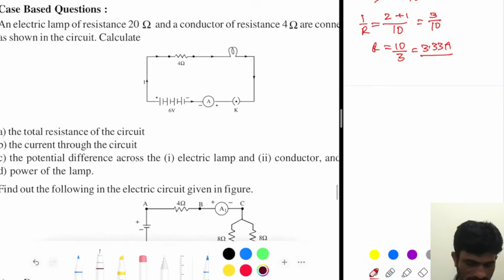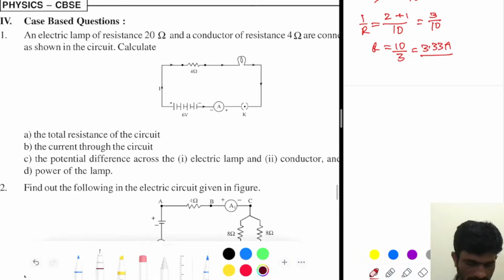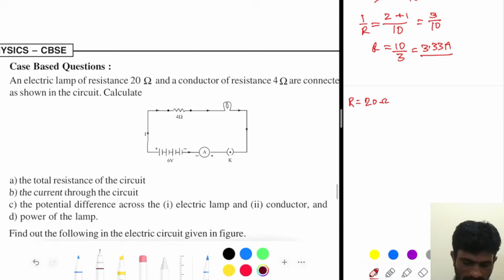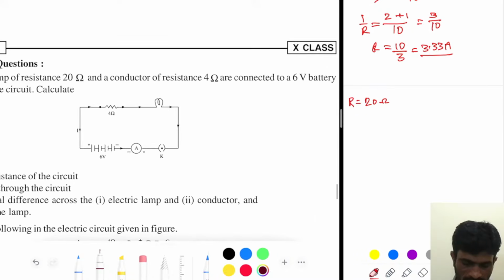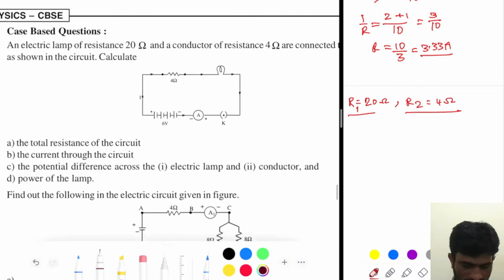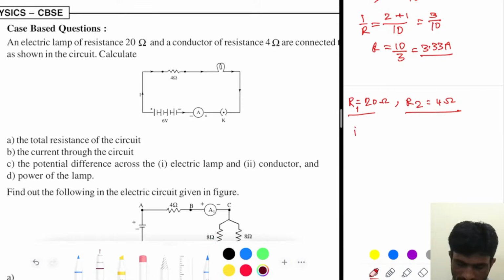It is given here an electric lamp of 20 ohms resistance, and a conductor of resistance 4 ohms are connected to a 6 volts battery as shown in the circuit. So they both are connected in series. So R1 and R2 of 4 ohms, these two are connected in series. So they are asking to find total resistance, first one. So what is the total resistance here, first case?